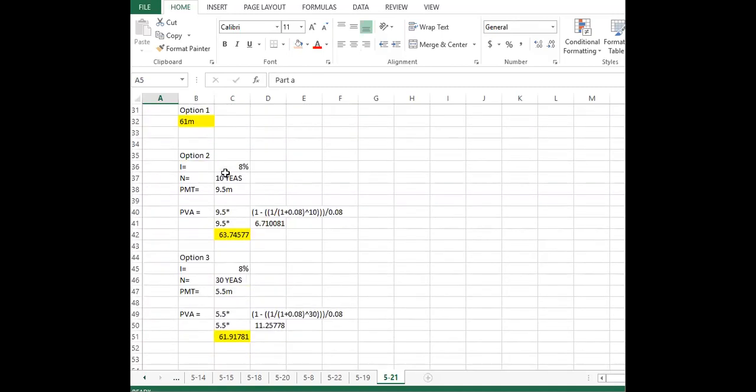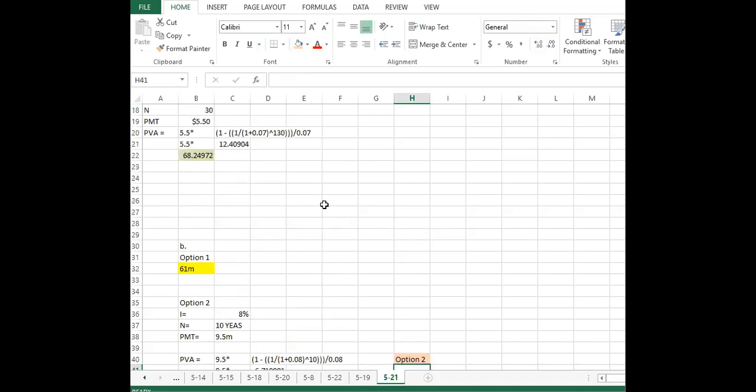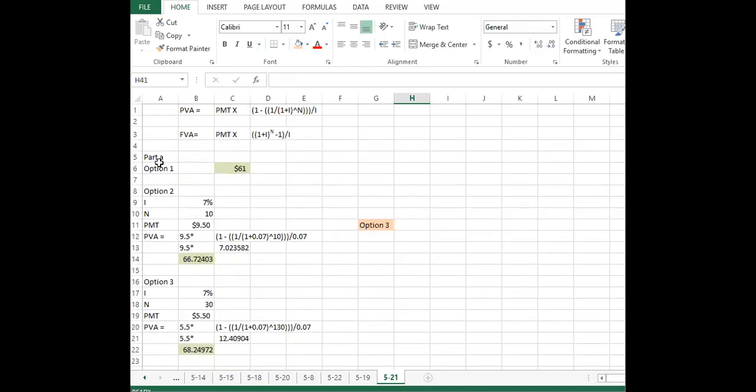Here, this is the part B with 8% interest. Same method is, now we have selected, and which option is the best option? So you can see option 2 is the best option if we have 8% interest. Here in part 1, part A, the interest rate was 7%.